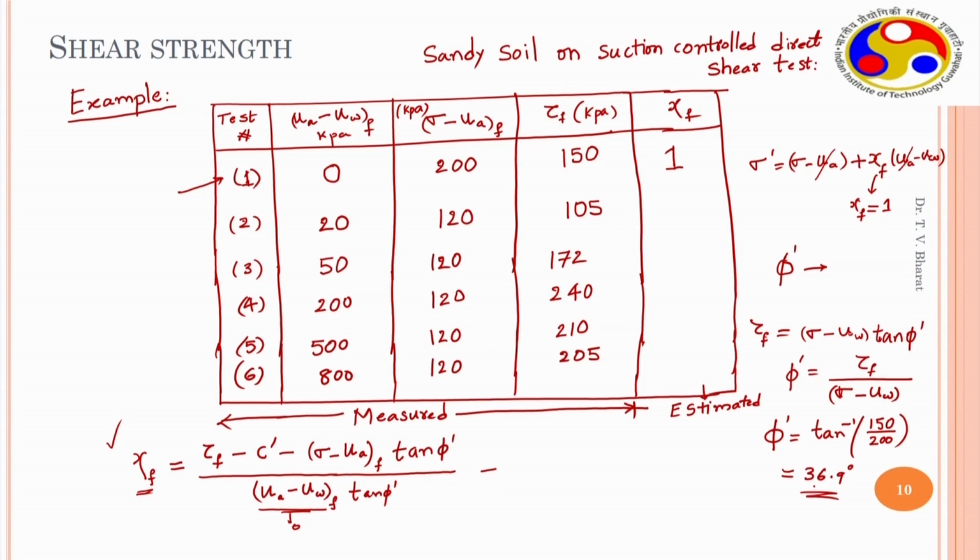If this quantity is known, this is the material constant, then other values can be obtained by varying the u minus u_w, that is it.